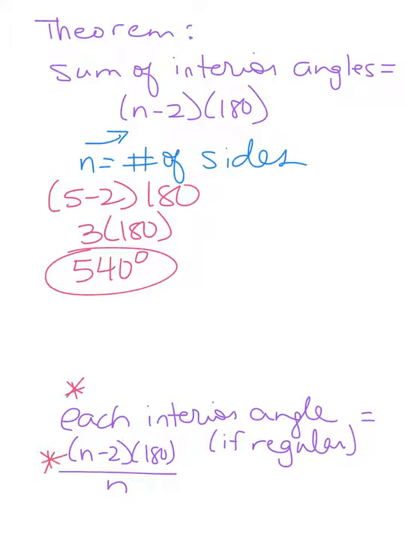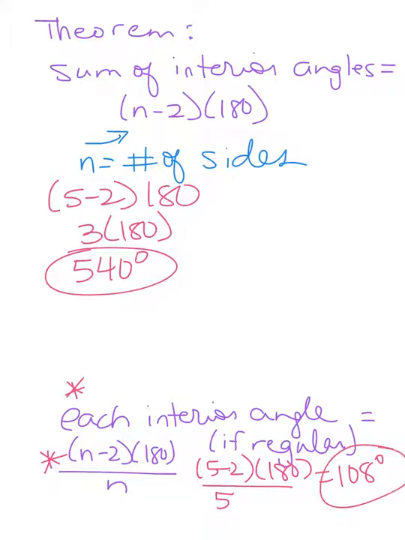I have n minus 2, which is going to be 5 minus 2, times 180, which we already found to be 540. We'll divide that by n, which is the number of sides, which is 5. And when I do that calculation, I end up with 108 degrees, which means each interior angle of a regular pentagon has a measure of 108 degrees.